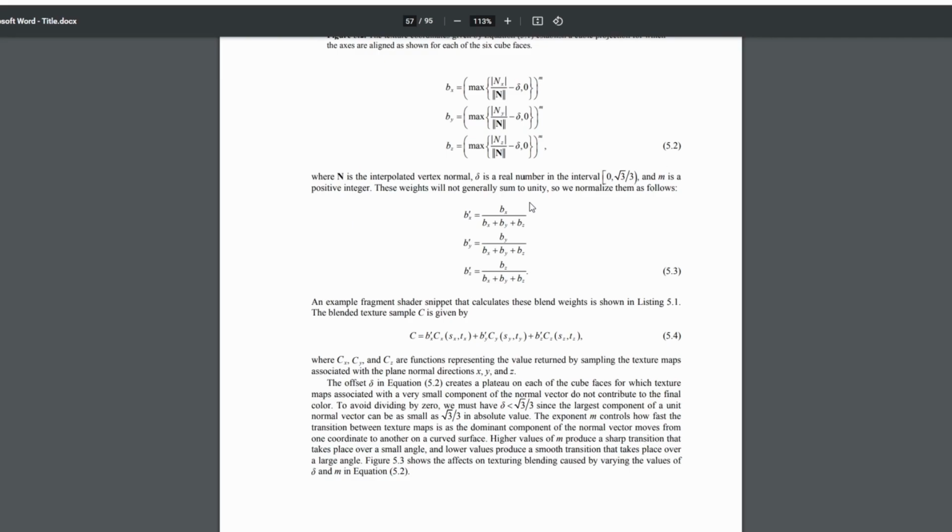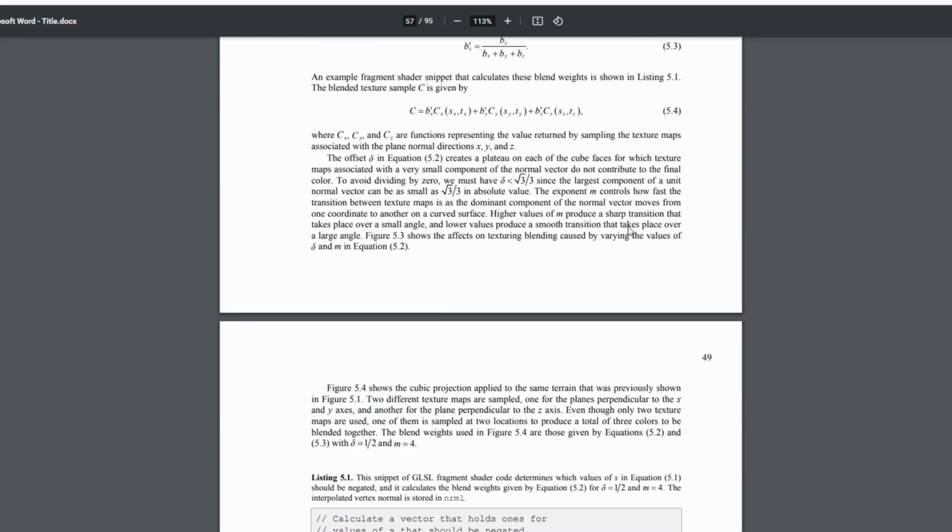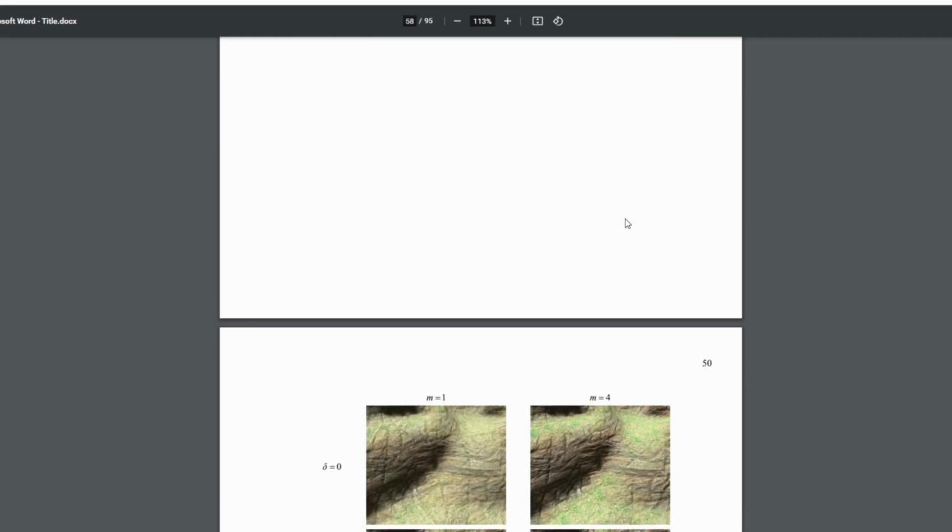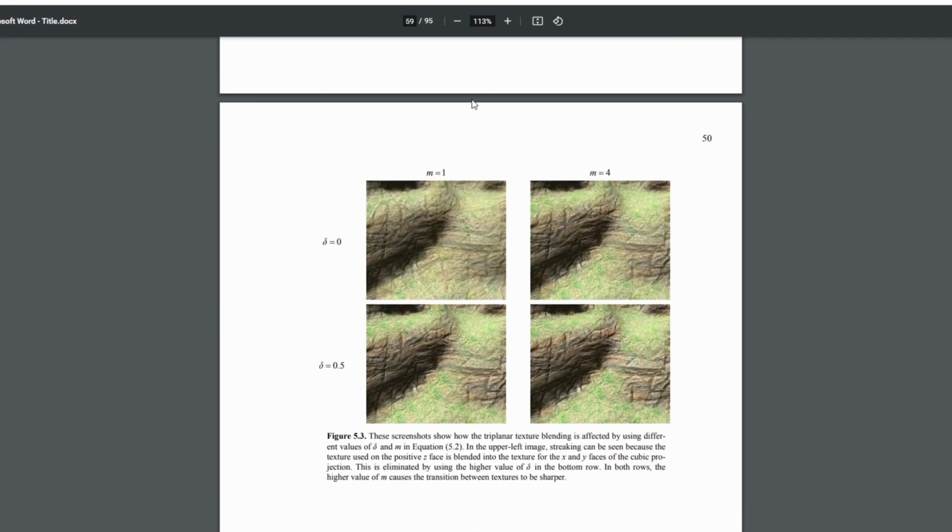When m is larger, this produces a sharp transition over small angles, and when m is smaller, this produces a smooth transition over large angles. And then the paper shows a little example here of variable deltas and variable m's, with sharper transitions and more or worse blending.